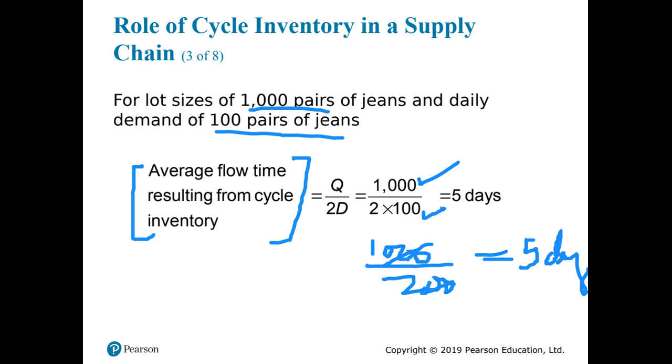Let's recall what cycle inventory is. Cycle inventory is the average amount of inventory a business holds to satisfy demand between two replenishments. So when you order in batches, not continuously, inventory rises when the batch arrives and gradually falls as customers buy the product.